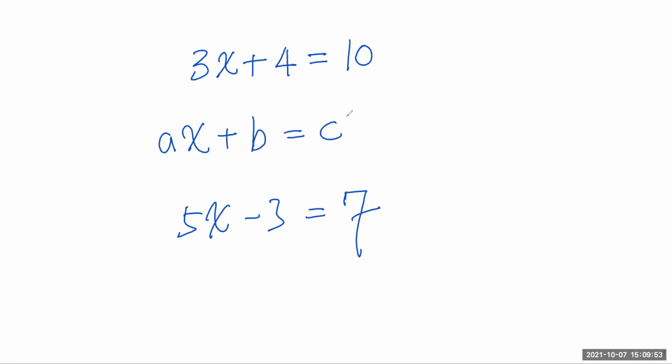So in each problem the numbers are different, but we can always generalize into this: a number which is called a coefficient times the variable, plus another number which we call a constant, and equal to another number which is also a constant. So that can represent all those linear equation problems.